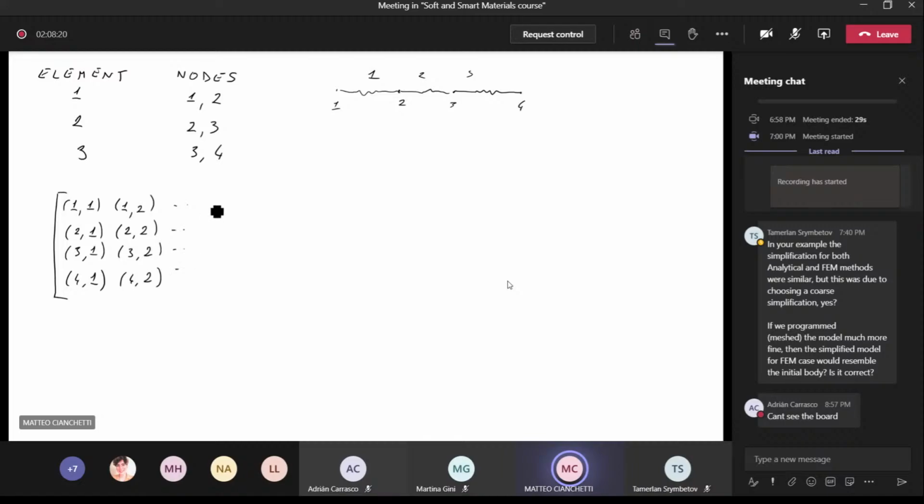And of course, there are other 8 elements.